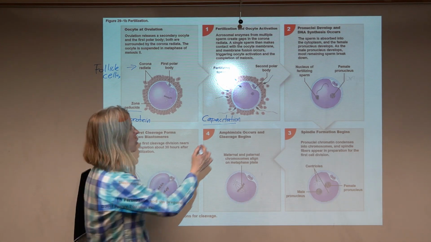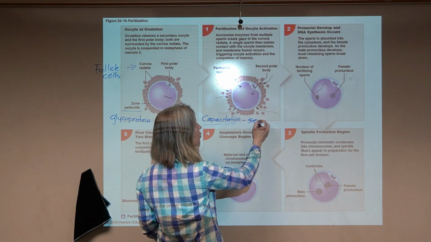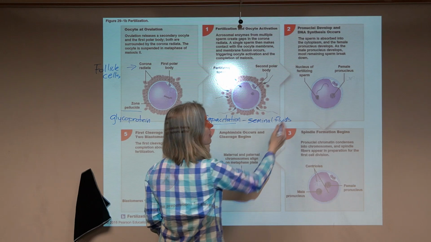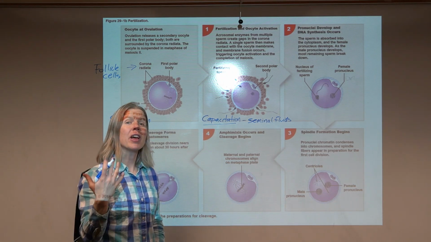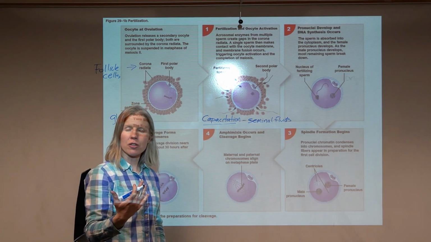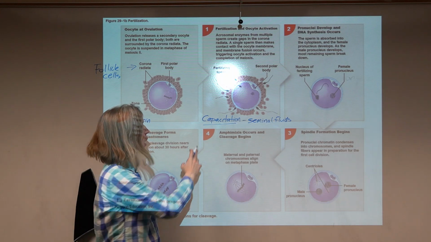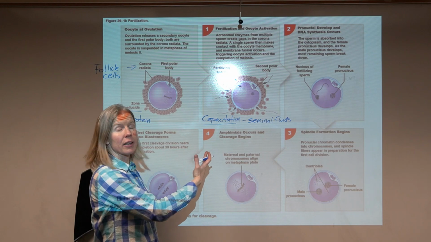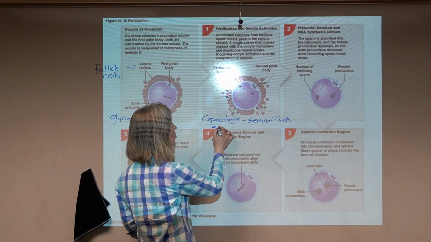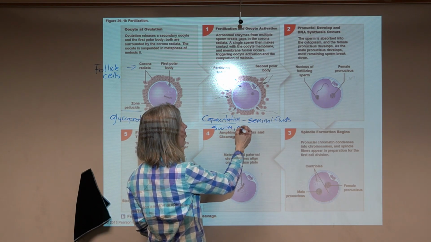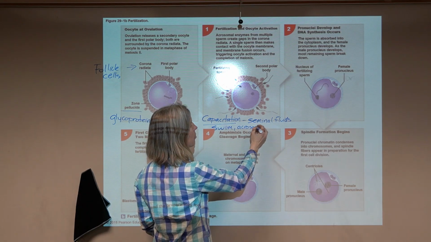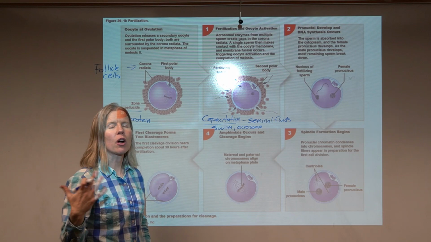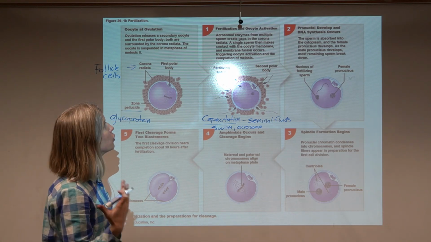It was actually when they came in contact with the seminal fluids that they started to be able to swim, and then they also need the conditions found in the female reproductive tract to complete this process of capacitation, where basically they're able to swim, and the acrosome, the tip of the sperm where all those enzymes are, is also able to function.